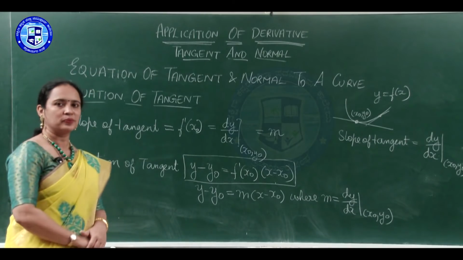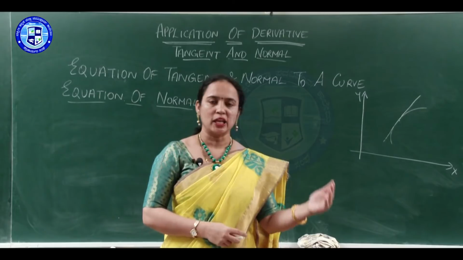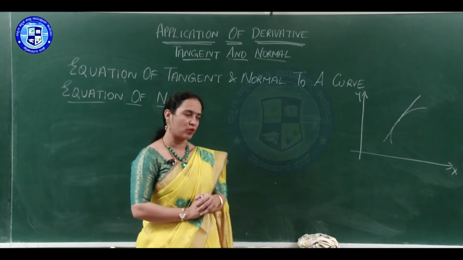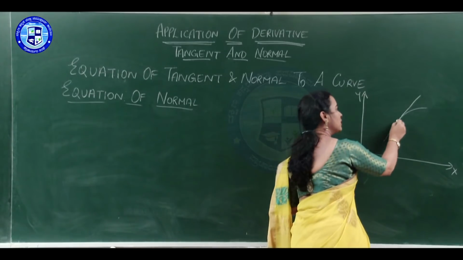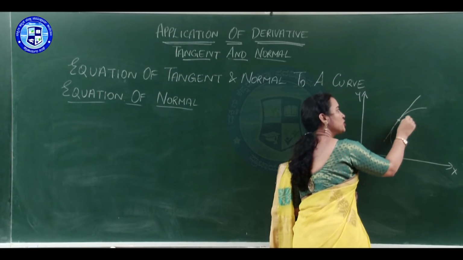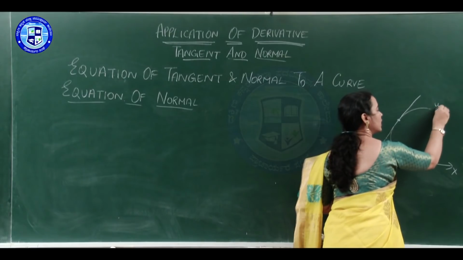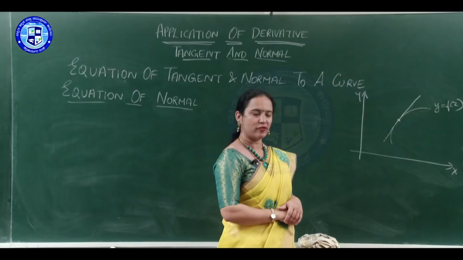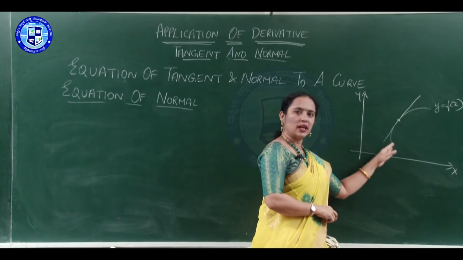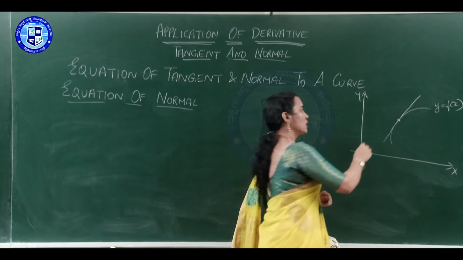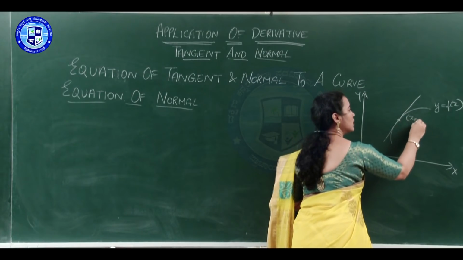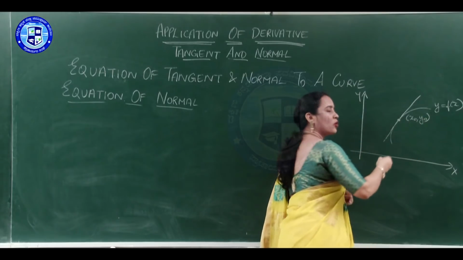Please note it down. After finding the equation of the tangent, let's move on to the equation of the normal. Now you know that a tangent is a line which passes through the curve. Let the curve be y is equal to f of x. So, a tangent is a line which touches the curve at one point, and let's consider that point as x naught, y naught.